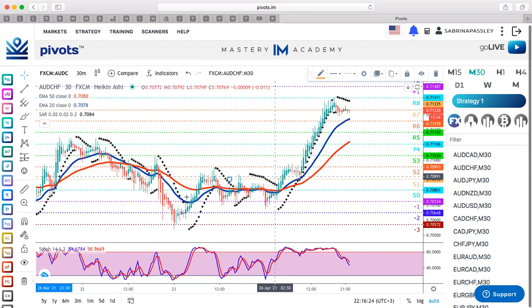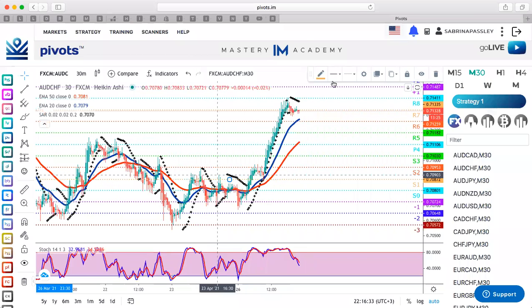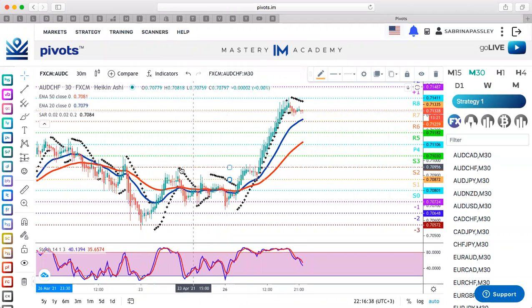This market did start to consolidate roughly around the 23rd of April, where it started bouncing up off of the S2 and came down to -1. It didn't quite get back up to S2, and didn't quite break down past -2 either until it got to S2 here, and then it broke.